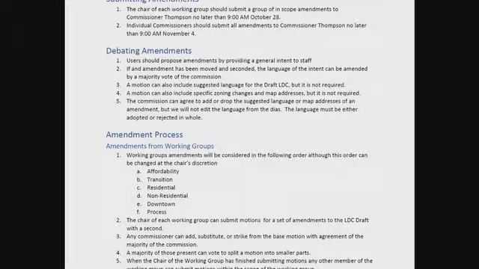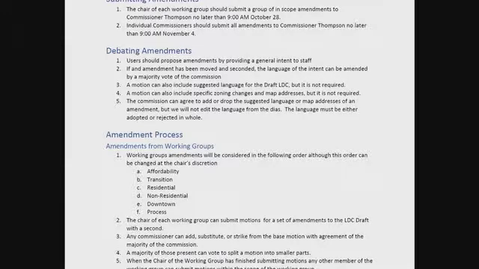The chair of each working group can submit motions for a set of amendments, followed by a second on that package amendment. And then any commissioner can add or substitute or strike from the base motion. So you'll make an amendment to add or substitute or strike that the full body will vote on.